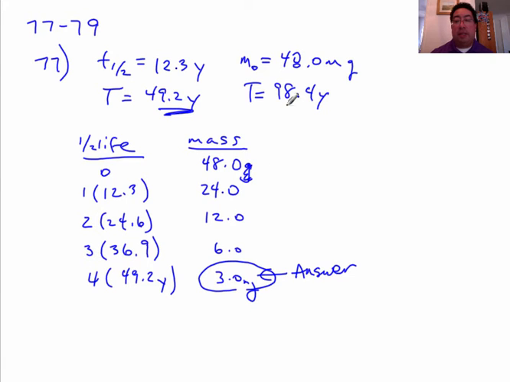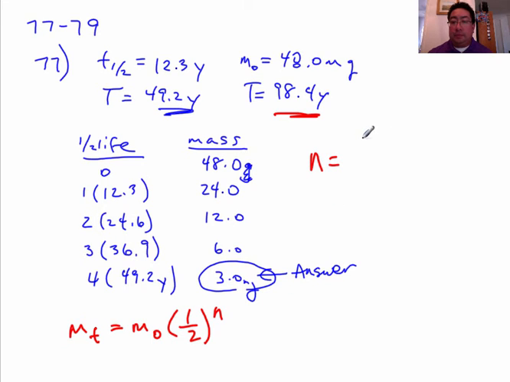So let me do this one in a different way. So now I'm going to do the 98.4 part. Another way to do this is we can say mass at time t equals mass at time 0 times 1/2 to the n, where n equals t over t1/2.